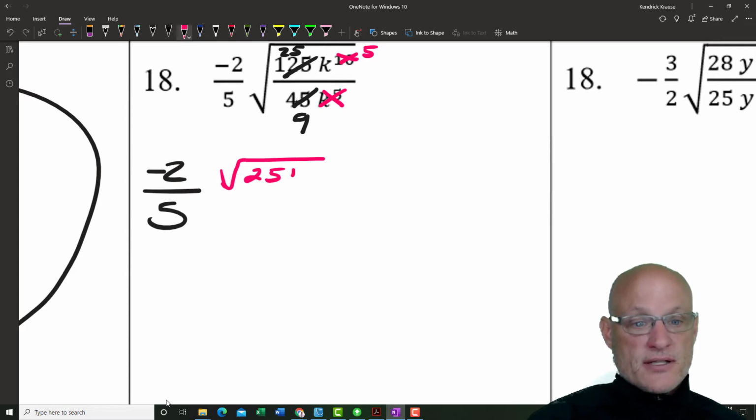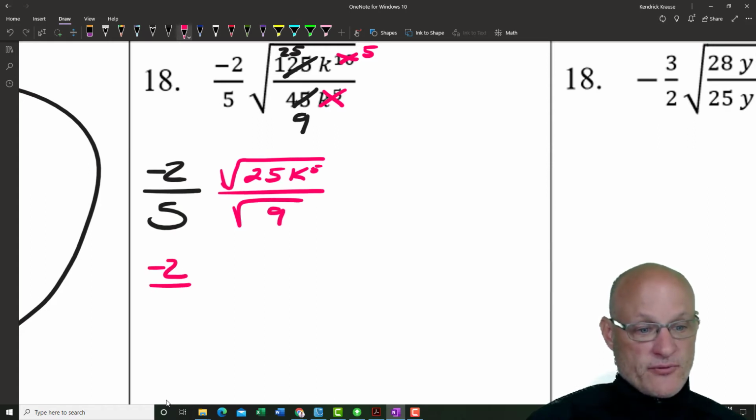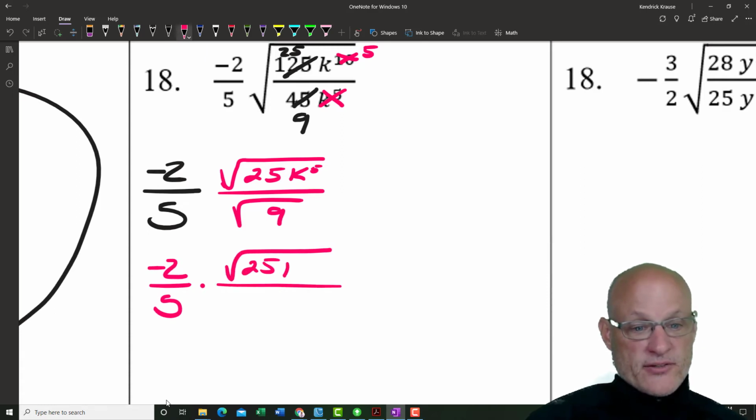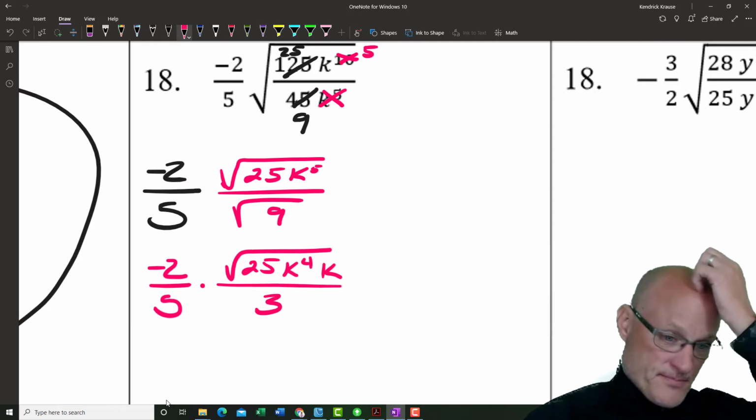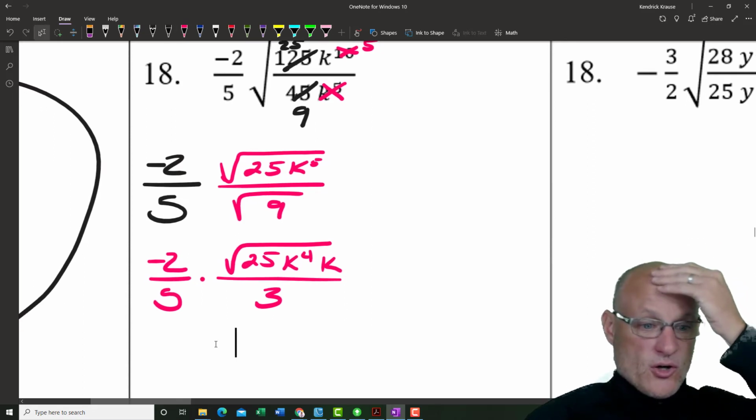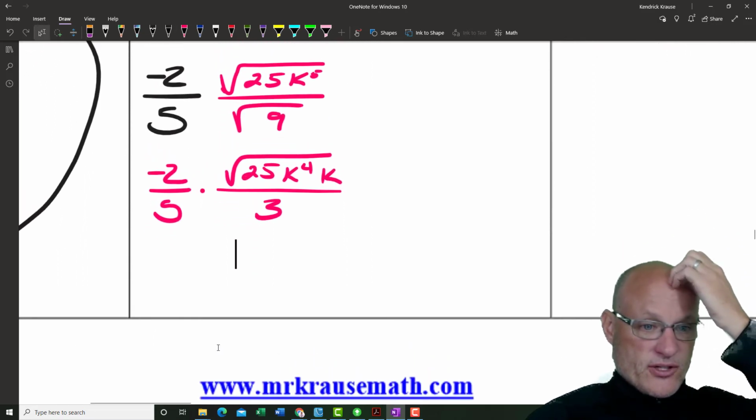25k to the 5th over the square root of 9. So this becomes negative 2/5 times the square root of 25k to the 4th over, well, what's the square root of 9? That's just 3. So let's figure this stuff out.